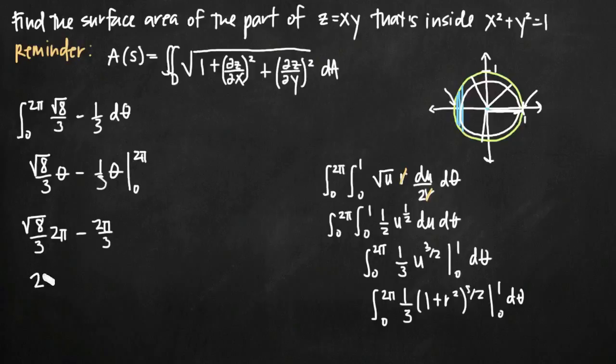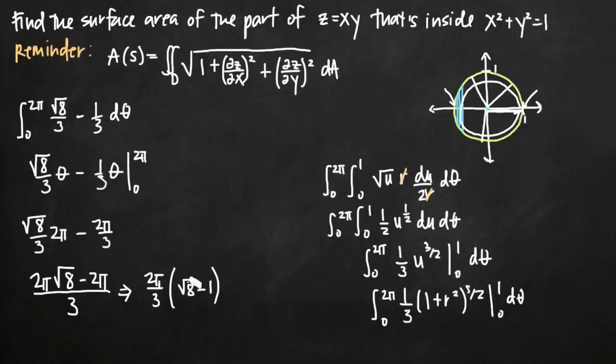So now when I simplify and say 2 pi square root of 8 minus 2 pi all over 3, if I factor out a 2 pi over 3, what I'll get is 2 pi over 3 times root 8 minus 1. I can go ahead and simplify the root 8 a little bit further.